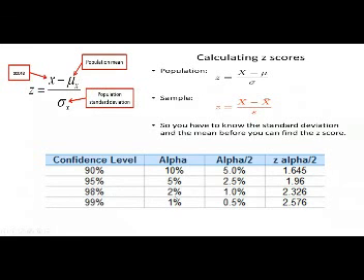For 98 it is 2 and 1, and for 99 it is 1 and 0.5. Sorry, for one tail hypothesis 1% or 0.01, and for two tail hypothesis it is 0.5% on each side.